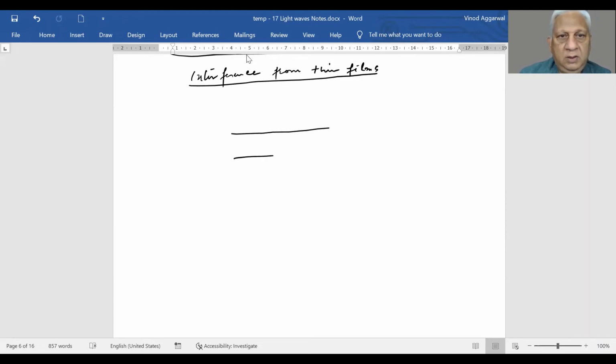Let us say this is our thin film of thickness D, and incident light falls on it. Obviously, it will bend. Again, it will spread out like this. Okay.